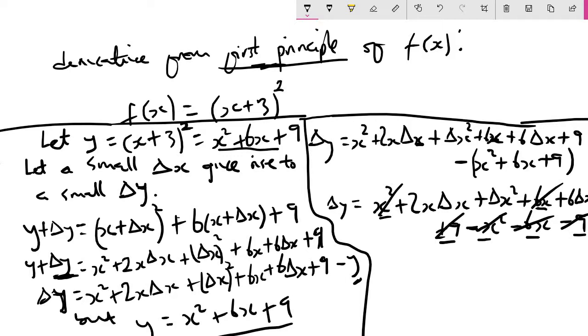So what do we have left? Changing y is equal to 2x changing x plus changing x squared plus 6 changing x. Okay? This is beautiful, isn't it?